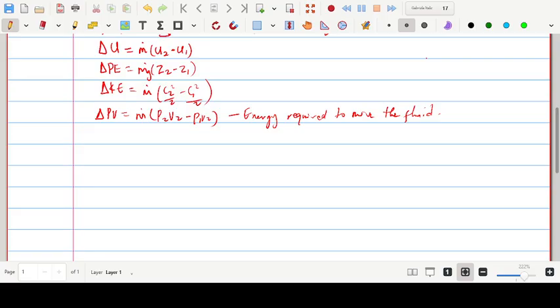Now in a case whereby we have our Z, which is potential energy, we have enthalpy.